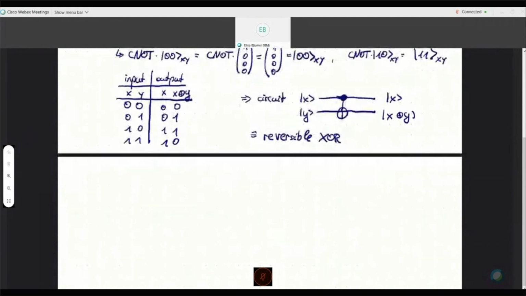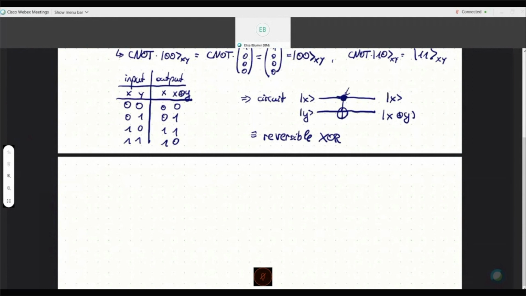Now, maybe just to mention why we write it this way, or also why it's called CNOT. CNOT is a short form for controlled NOT. It's called controlled NOT because it is controlled on the state X, and the control is this dot here. Whenever we have controlled gates, we make this kind of thing there.